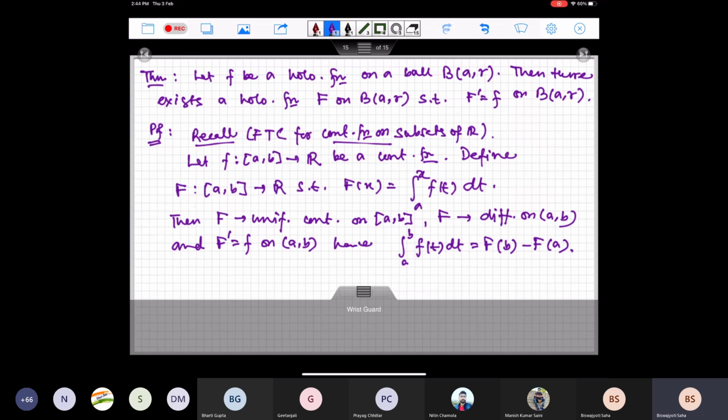Like I said, exactly like in the fundamental theorem of calculus, in the real version, the definition of this primitive comes from taking the integral of our function from a up to x. So essentially you are integrating your function on the interval a to x, which is essentially the line joining a and x. So here also we would like to do something similar.